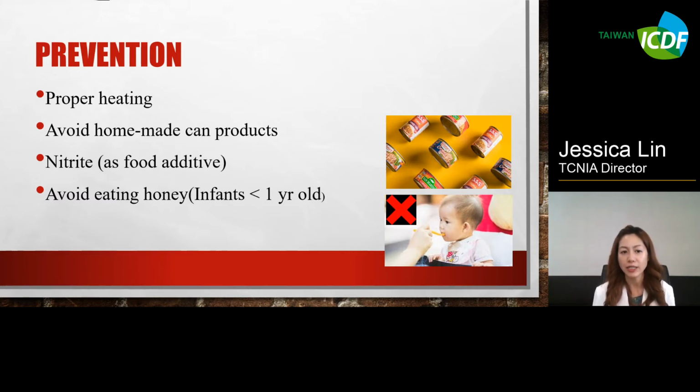You can use nitrite as a food additive to prevent C. botulism from growing. Actually, a lot of food companies use a small amount of nitrite in their food products to help prevent C. botulism, which is acceptable, but you shouldn't use nitrite at home by yourself, because if you get the wrong dosage, it could be lethal as well.